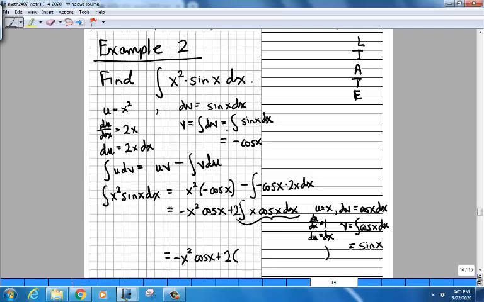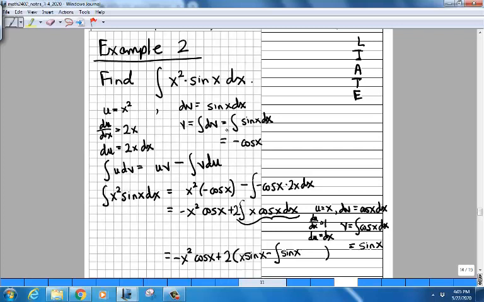So it would be x, which is our second choice of u, times our second v, which is sine of x, minus the antiderivative of v, which is sine of x, right, times du. But du is just dx, right?